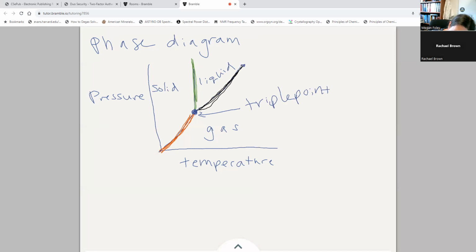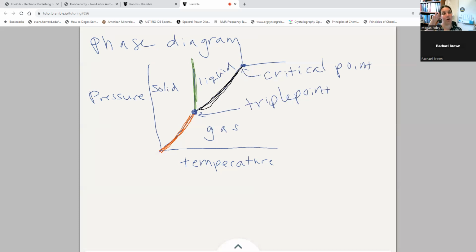Up here, we have another kind of little Y. This point right here is called our critical point. And our critical point is the last point where we can have a distinct liquid and gas phase.